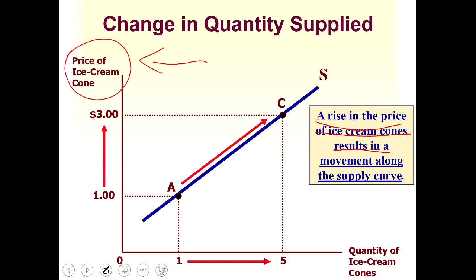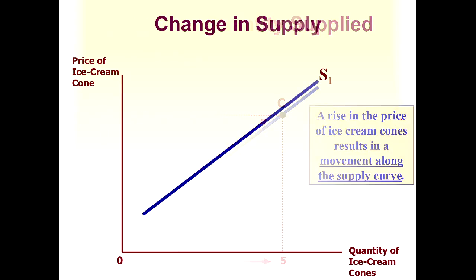When we talk about other variables that we will discuss later on, like the other determinants which are not present on the graph, then we are talking about change in supply. But here we are talking about change in quantity supplied. Whenever there is a rise in the price level of the product, that is an important thing to remember, a rise in the price, this is a change in quantity supplied.